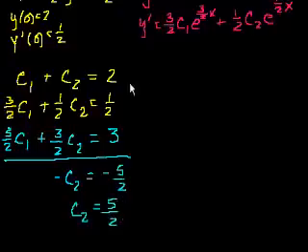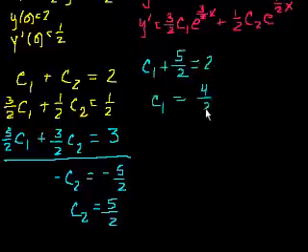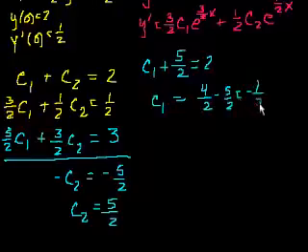Now we can substitute back into this top equation. c1 plus 5/2 is equal to 2, or c1 is equal to 2, which is the same thing as 4/2, minus 5/2, which is equal to minus 1/2.